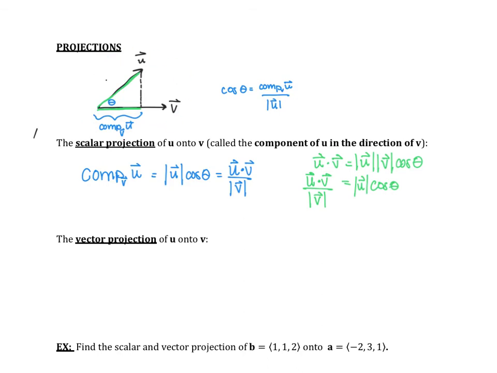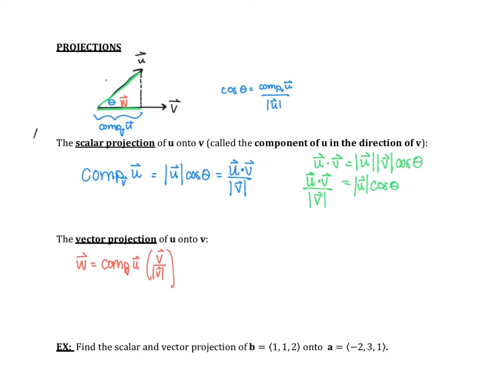If we want to label this now as a vector, so a vector projection, not just the length, we'll call it w. Then the vector projection w is equal to the component of u in the direction of v multiplied by vector v over the magnitude of v, because we need to multiply by the unit vector.